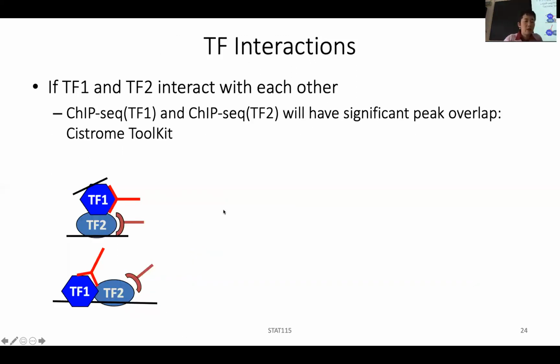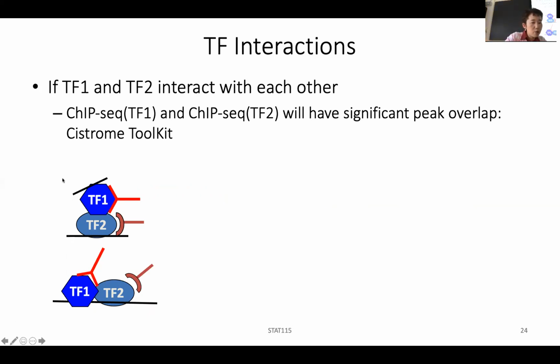But you can also use the ChIP-seq motif to find transcription factor interactions. For example, suppose transcription factor 1 is interacting with transcription factor 2. This interaction can happen with 1 and 2 binding right next to each other within the same module. Remember, a cluster of binding can happen within the same 150 to 200 base pair region.